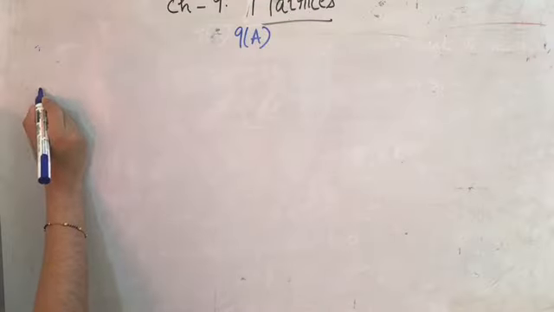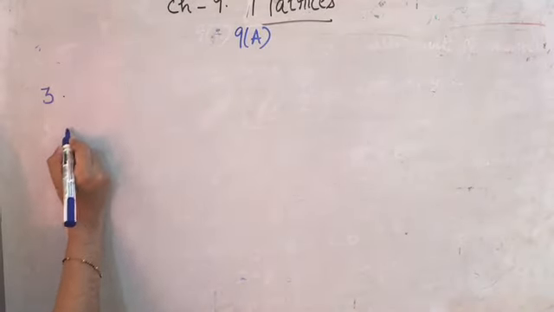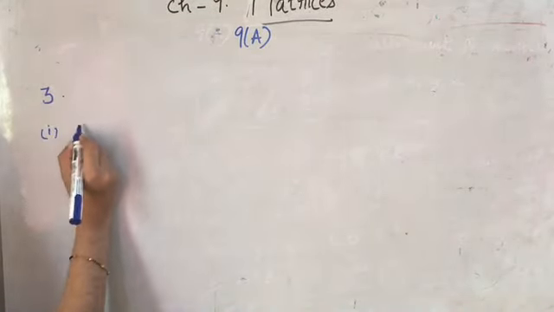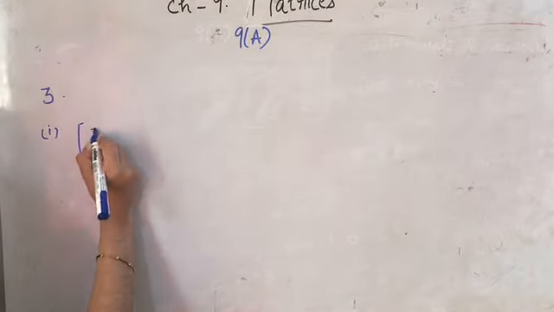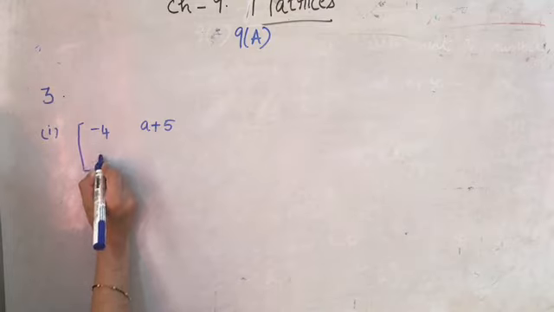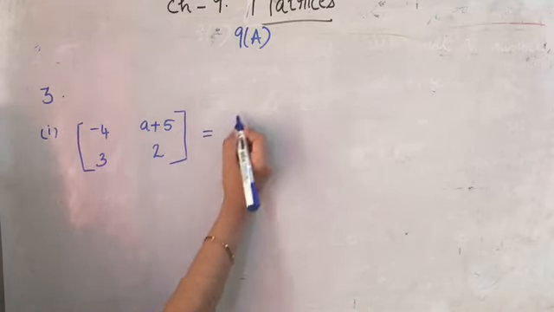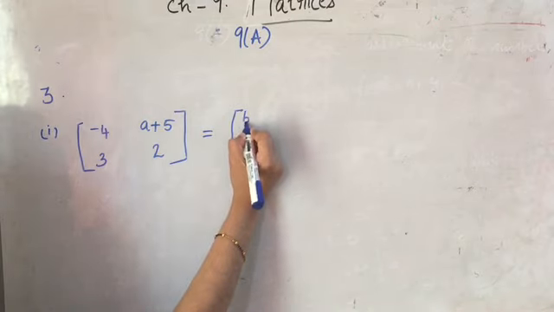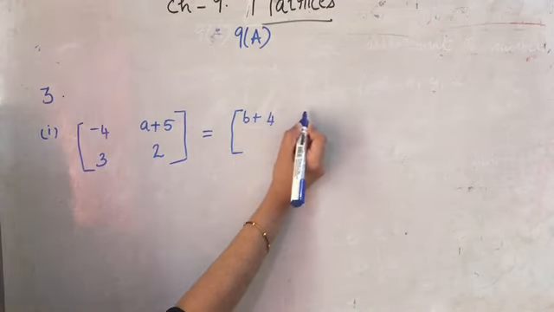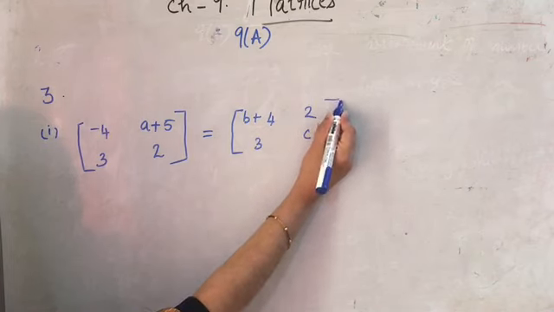Now we will do the third question. Solve for A, B and C. The first sub question is [-4, A+5; 3, 2] equals [B+4, 2; 3, C-1].